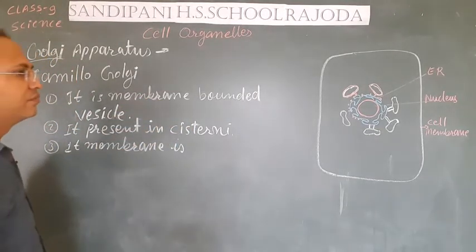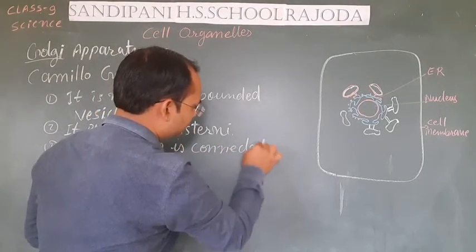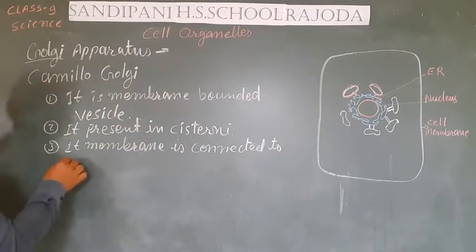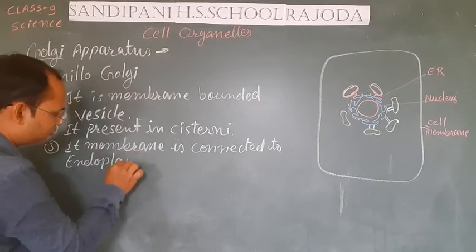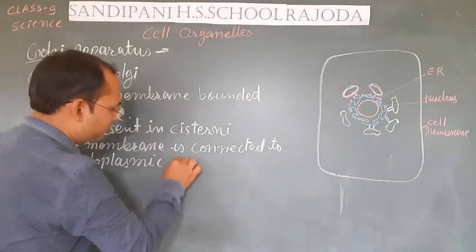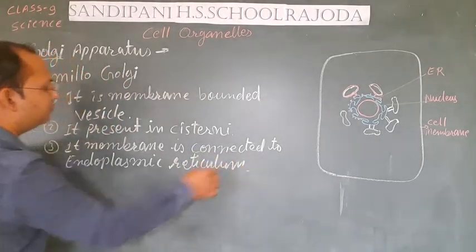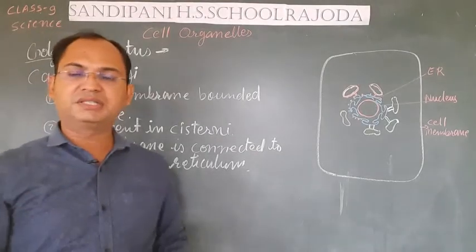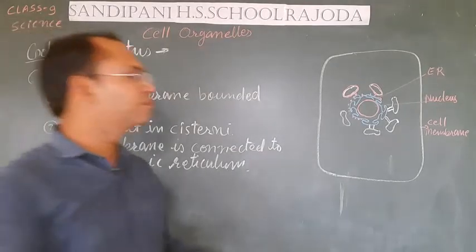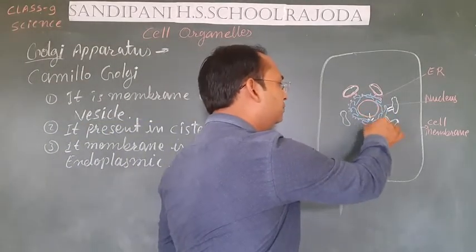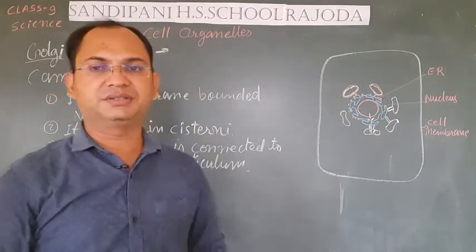Its membrane is connected to the endoplasmic reticulum, which helps it to transport materials from the nucleus, because the transportation of material from the nucleus comes into the endoplasmic reticulum, and from the endoplasmic reticulum it comes into the Golgi apparatus.